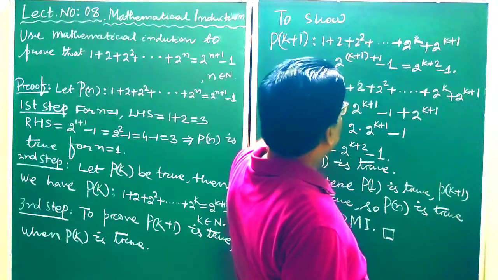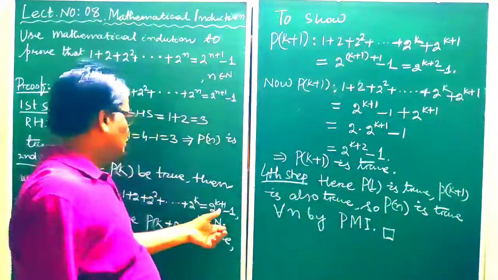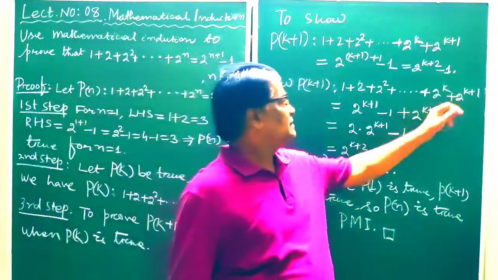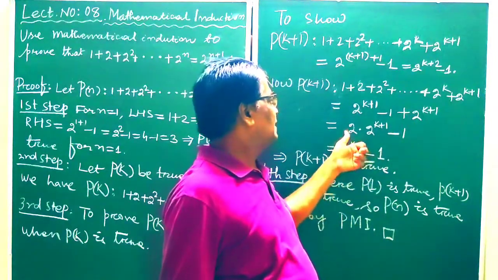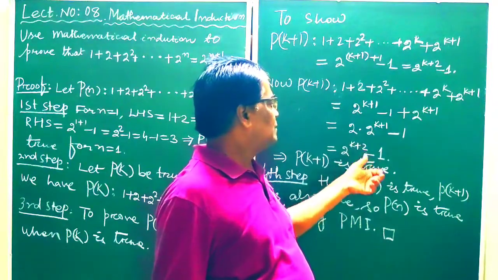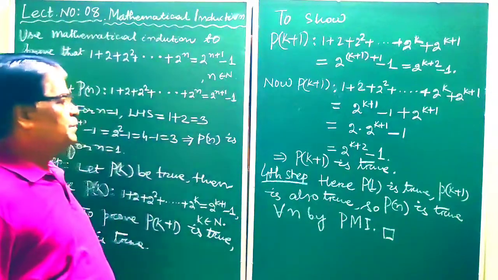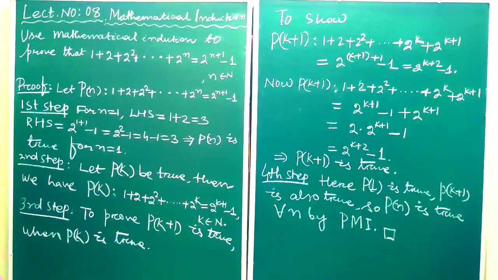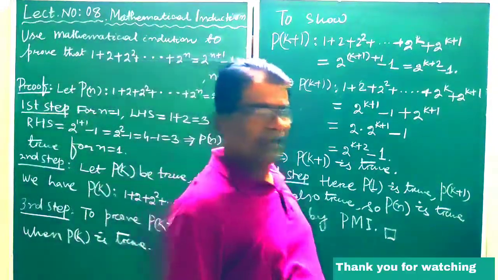But the expression starting from 1 to 2ᵏ is equal to 2ᵏ⁺¹ − 1, that I have written here. And this is the last term. So 2ᵏ⁺¹ − 1 + 2ᵏ⁺¹ is 2 × 2ᵏ⁺¹ − 1. So 2ᵏ⁺² − 1. So P(k+1) is true. So fourth step, here P(1) is true, P(k+1) is also true. So P(n) is true for all n by the principle of mathematical induction.